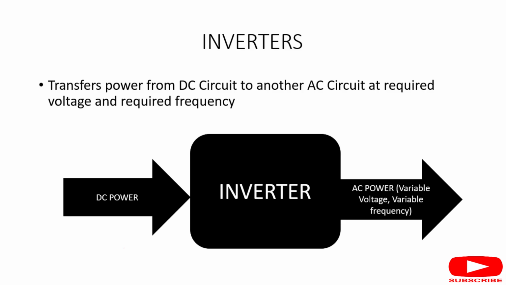It cannot be used to generate electrical power. It is only used to convert one form of power into another. So an inverter is a converter, not a generator. Here DC power is converted into AC power at variable voltage and variable frequency.